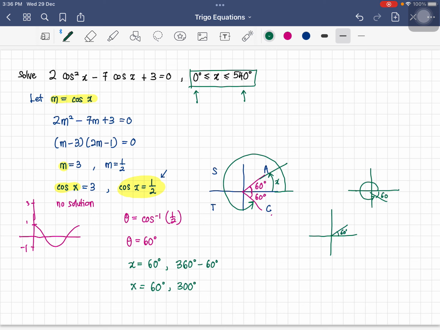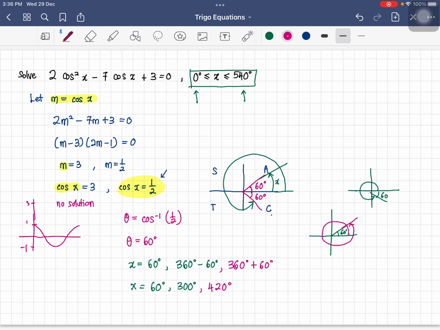If you go one complete cycle from this 60 degrees, something like this, this is another angle of x. So for one complete cycle of 360, you just need to add that 60 degrees. So I'll get 420 degrees.